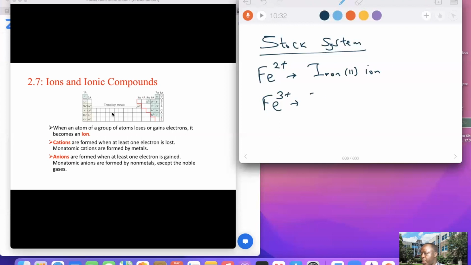This is iron(III) ion. So the Roman numeral indicates the charge on the cation.